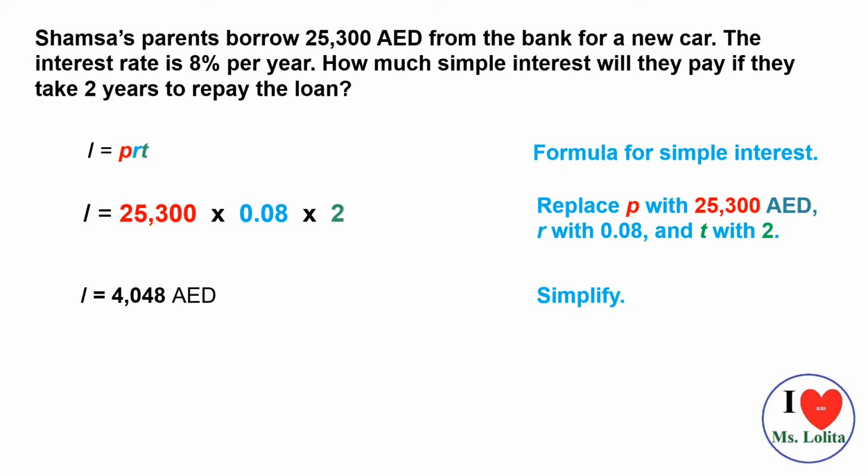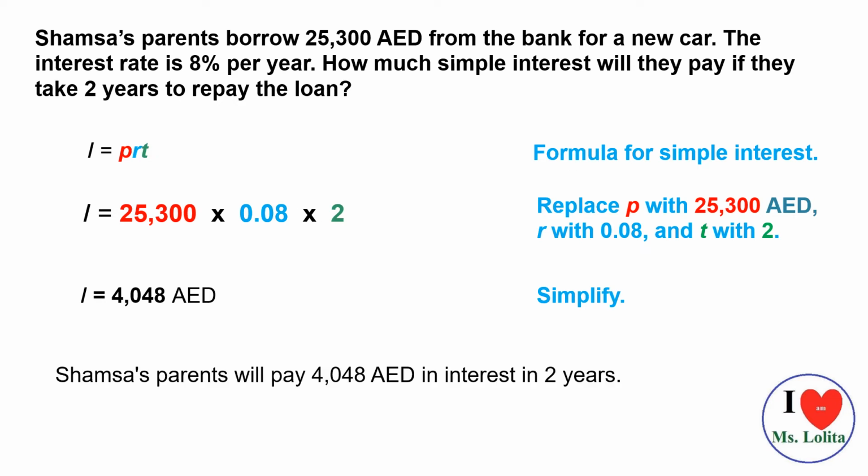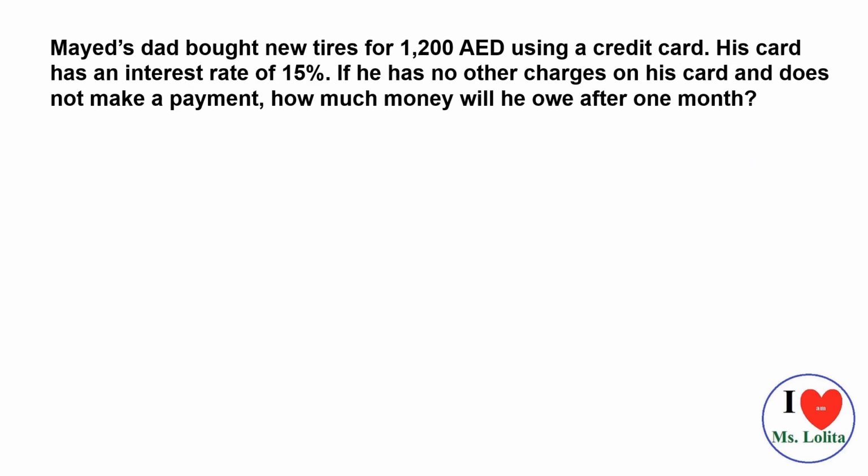To simplify, it will give us I is equal to 4,048 dirhams. Therefore, Shamsa's parents will pay 4,048 dirhams in interest in 2 years. It is easy, right? Let us work on another example so that you will understand the lesson well.